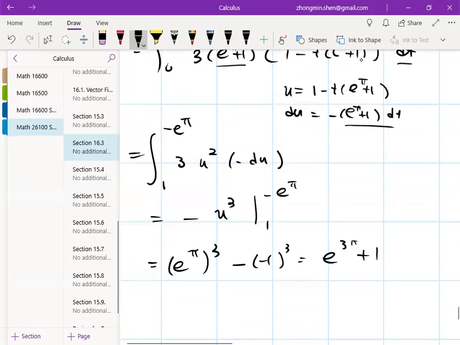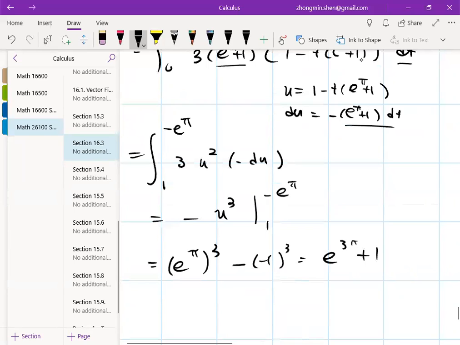See that? Okay. So there are 3 different ways to solve the problem. As long as you see this is conservative, you have options. Should you find a little f and evaluate at the 2 endpoints, or you choose another, much shorter path.